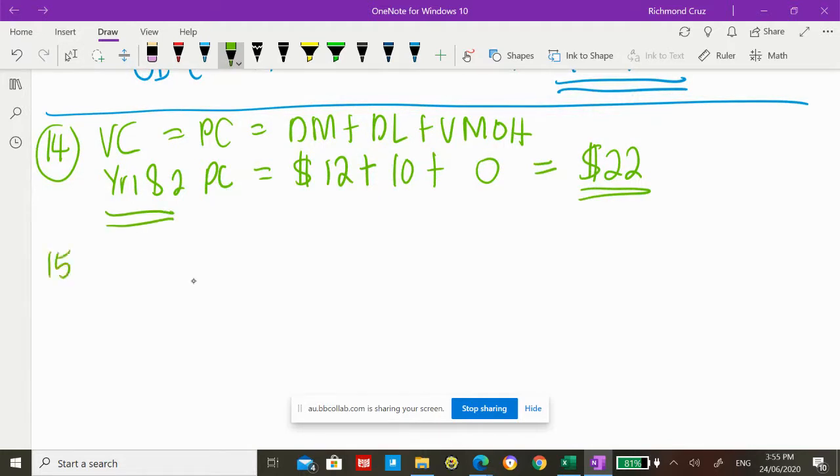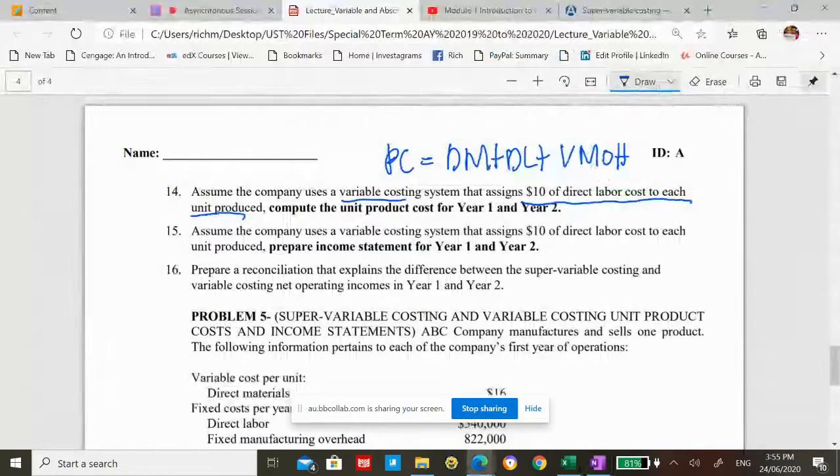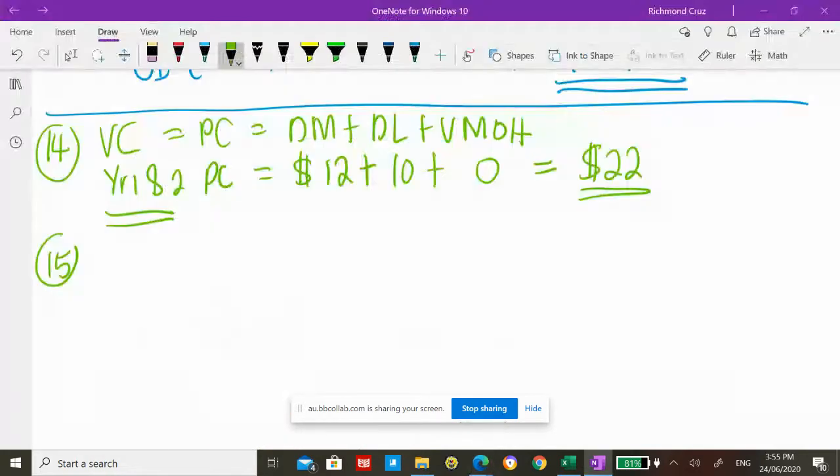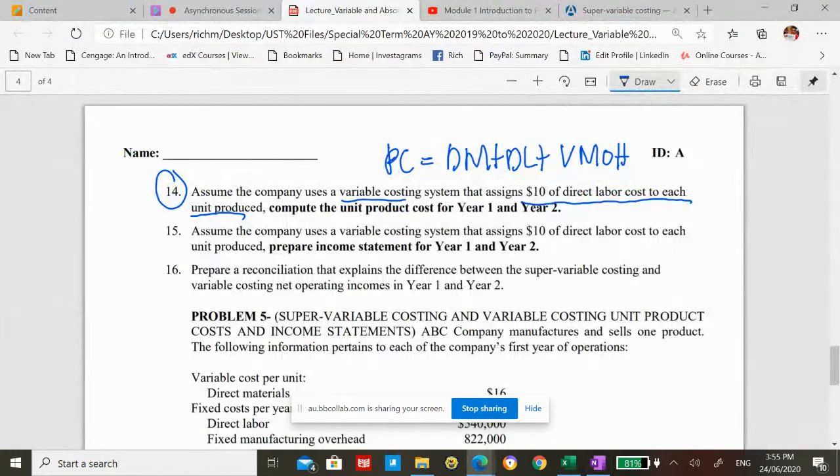Next, number 15. So we're done with number 14. Number 15. Assume the company uses a variable costing system that assigns $10 of direct labor cost to each unit produced. Prepare income statement for year 1 and year 2. Let us also answer number 16, which is just the reconciliation of super variable costing and the variable costing net operating income.